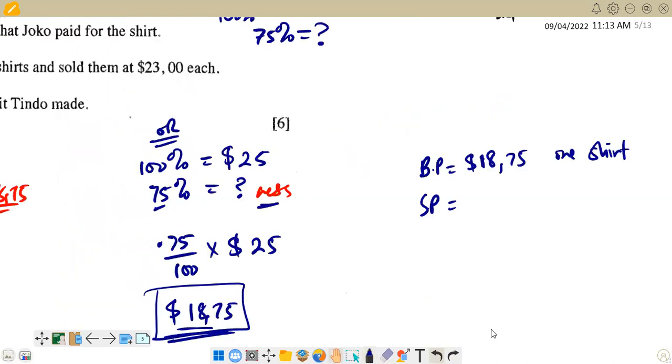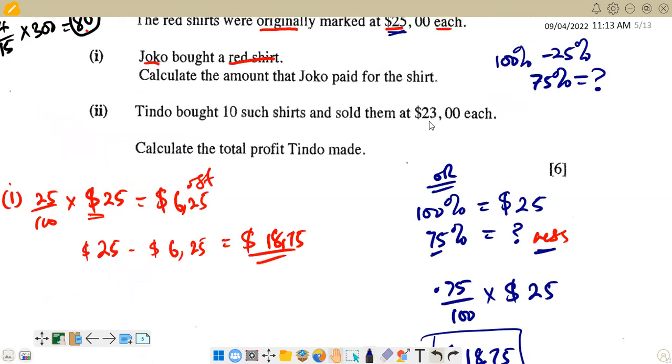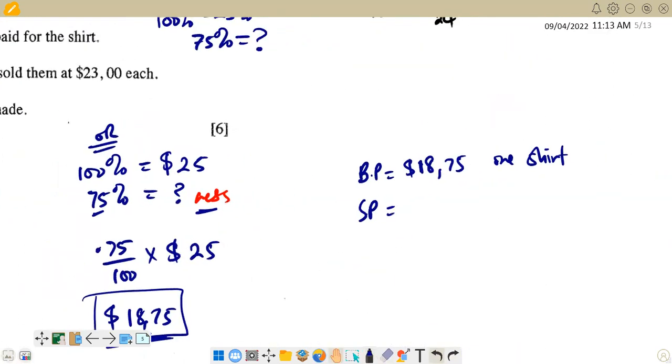Then what about the selling price of that same shirt? Okay, this is what we've got. We are referring to one shirt here. Each is going to be sold at $23. So that is the selling price, which is $23. So what is the profit? Remember, our profit is the selling price minus the buying price.